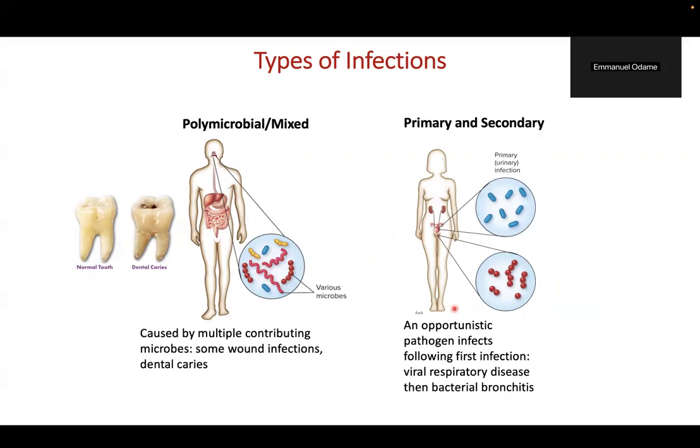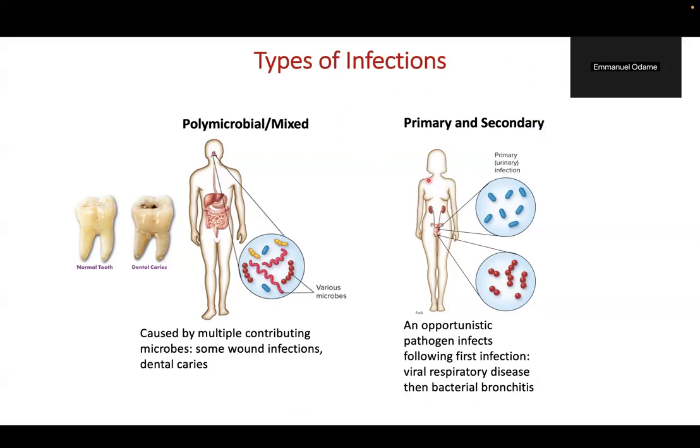Another type is polymicrobial, where you need more than one microbe to contribute to the disease. One example is mostly found in dental caries, where you need more than one microbe to basically cause tooth decay or some damage to your tooth.